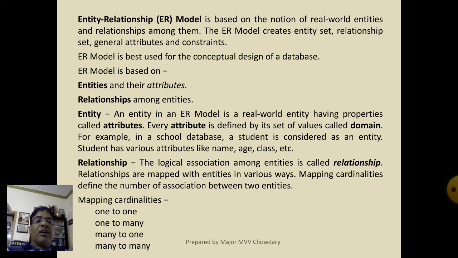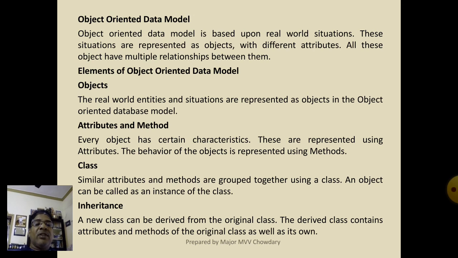Most relationships describe associations between two entities. There are four types of relationships: one to one, one to many, many to one, many to many.